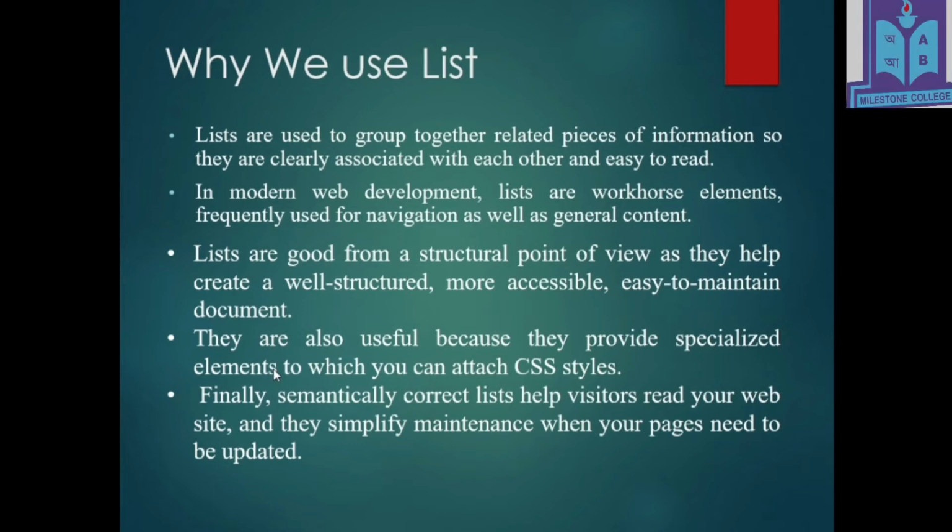They are so useful because they provide specialized elements to which you can attach CSS styles, so that we can attach multiple cascading style sheet styles to multiple menus by creating this list. Finally, semantically correct lists help visitors to read your website, and they are simple to maintain when your pages need to be updated.